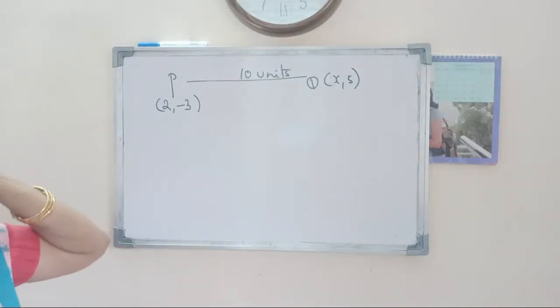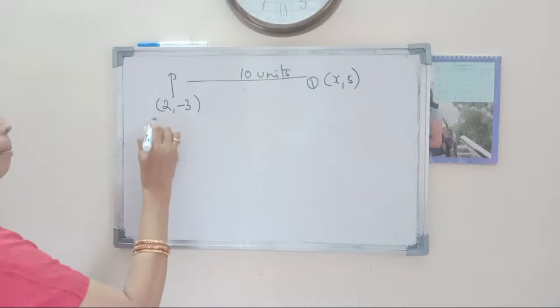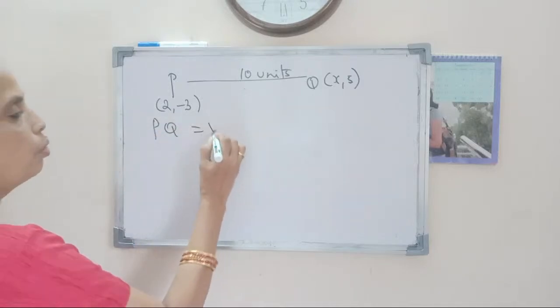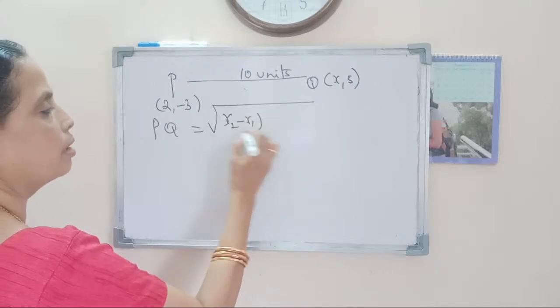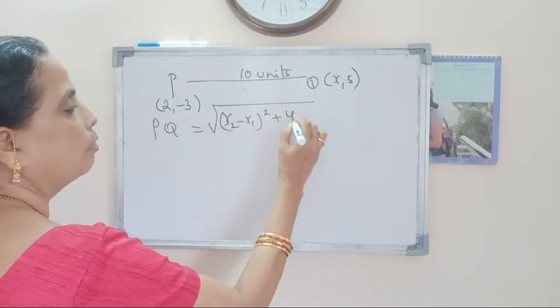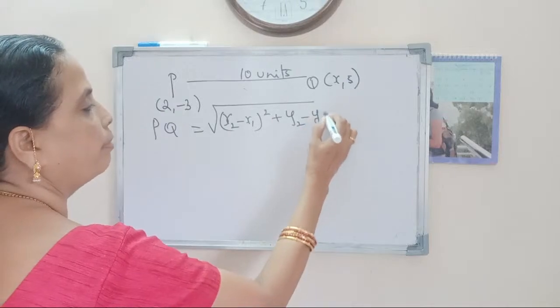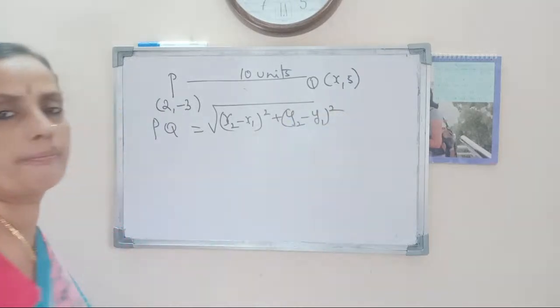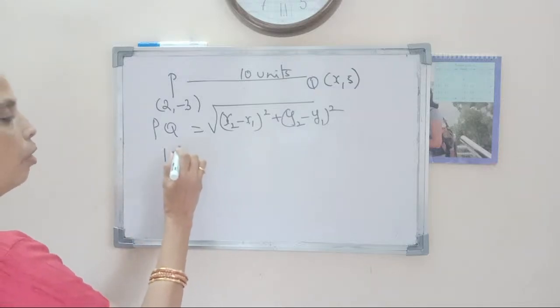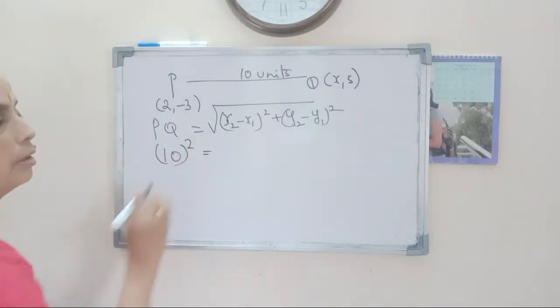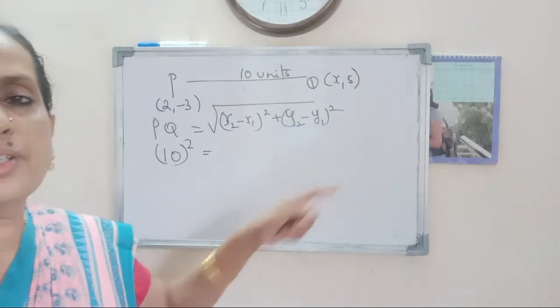Now let us use the distance formula. PQ equals root of (x2 minus x1) whole square plus (y2 minus y1) whole square. Now the distance PQ is 10, and when we square, the root will get cancelled on the RHS.